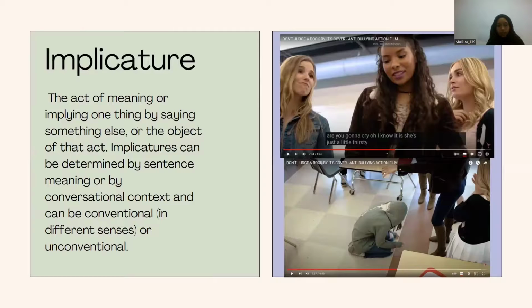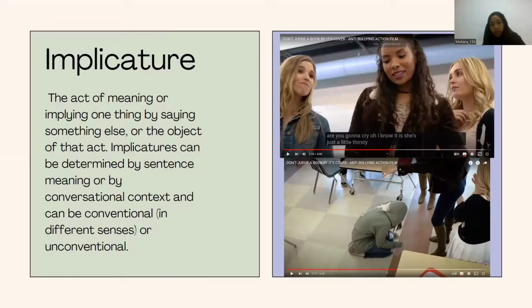Next, I'm going to explain implicature. Implicature is the act or meaning of implying one thing by saying something else, or the object of the act. Implicature can be determined by sentence meaning or by conventional context, and can be conventional in different sentences or unconventional. In this example, I will show that a bully says, "Are you gonna cry? Oh, I know. She is just a little bit thirsty."